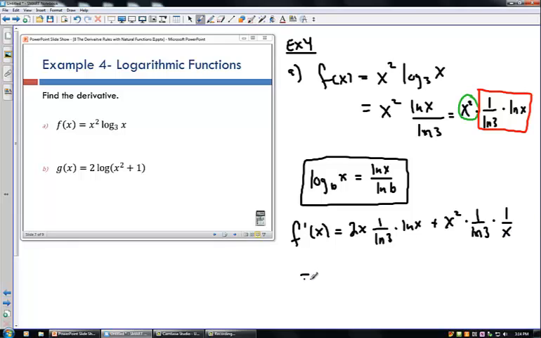And so this is equal to... There are a couple things to keep in mind here. This expression right here, remember, is the same thing as log base 3 of x.